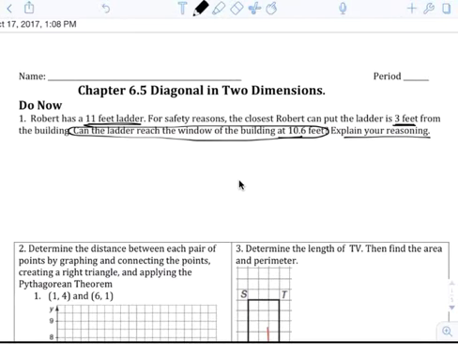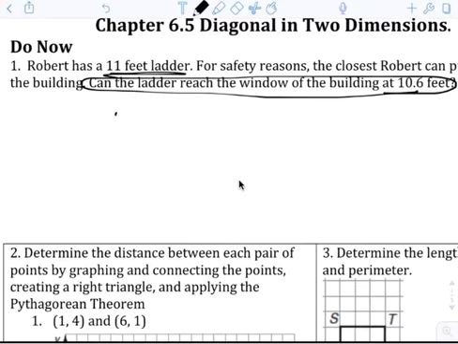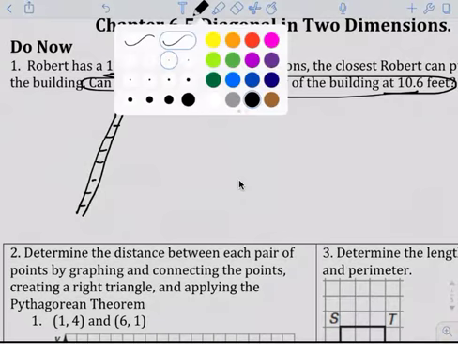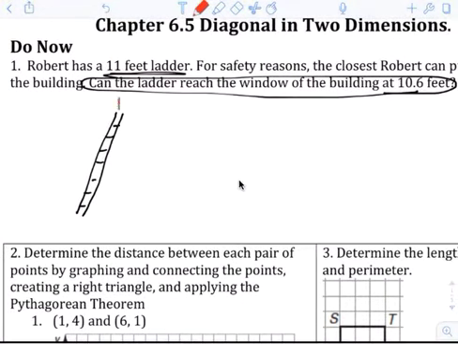Okay, so it's a ladder, and the building. The ladder is 11 foot and it's 3 feet from the building.